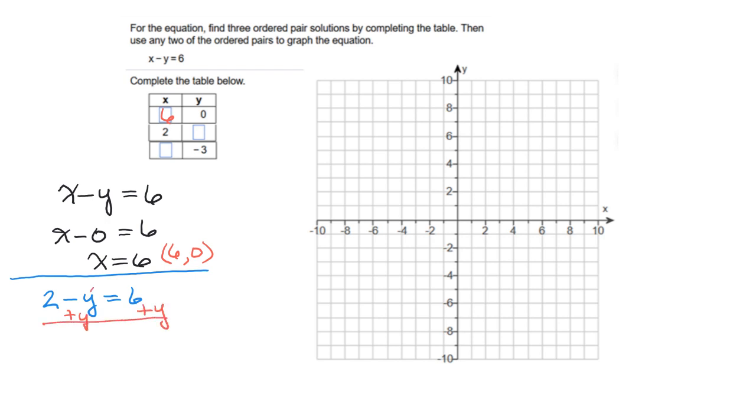All right, and that will give me 2 is equal to 6 plus y. And then I'm going to subtract 6. Now you can work it in a different fashion. We should get the same answer. We're dealing with the same equation. All right, so 2 minus 6 will give us a negative 4 for y.